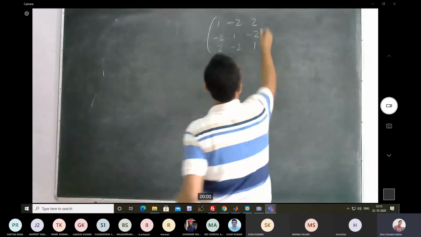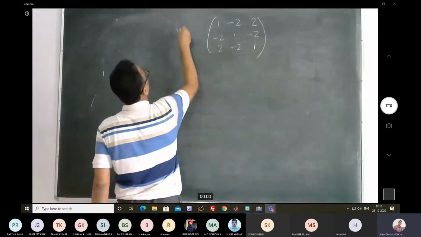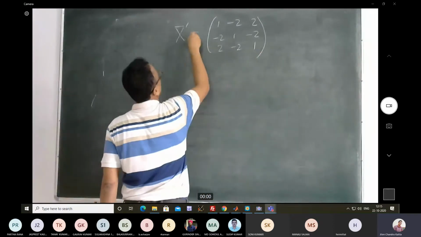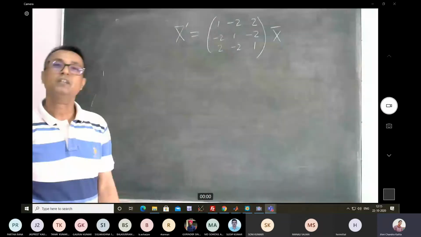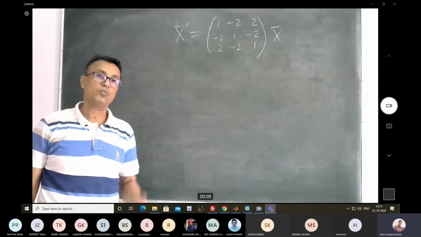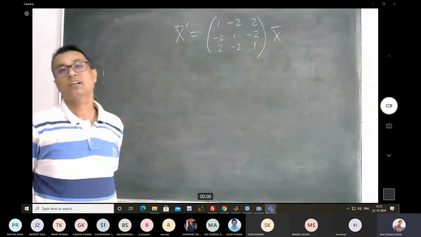We are trying to solve a system of differential equations with constant coefficients, given by this one.